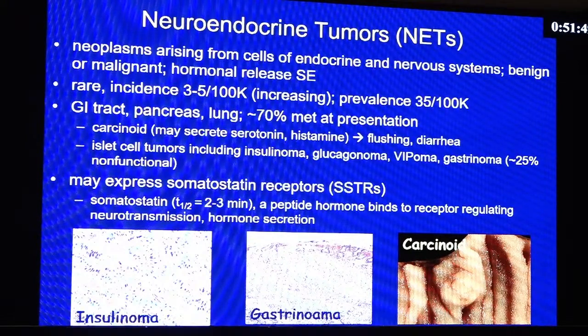Unfortunately, 70% of this disease is metastatic at the time of presentation. It is a relatively rare disease, but the incidence is increasing. That may be due to the fact that we have a better way of diagnosing them.